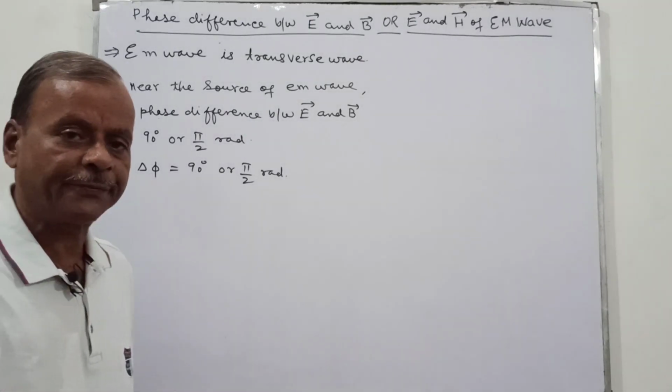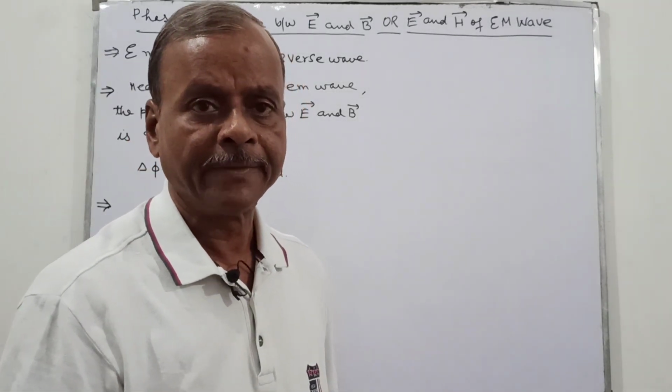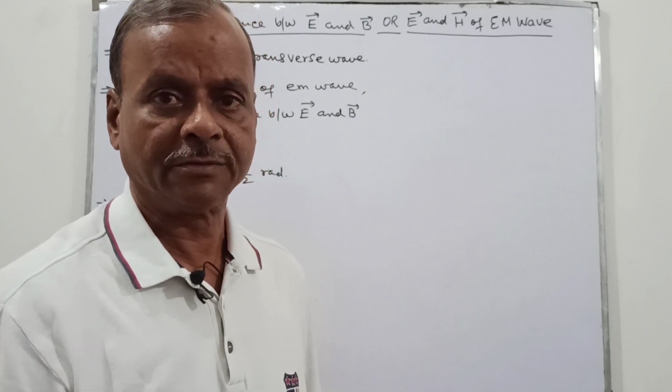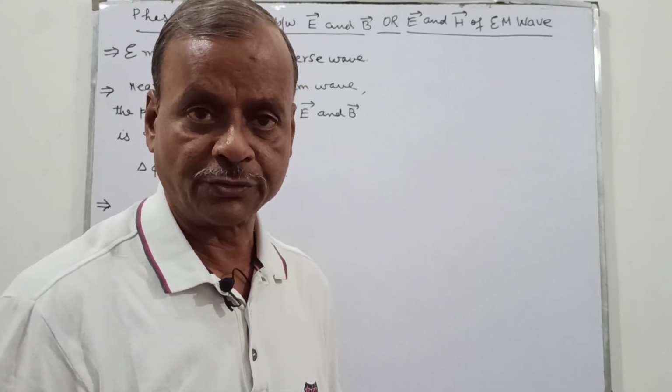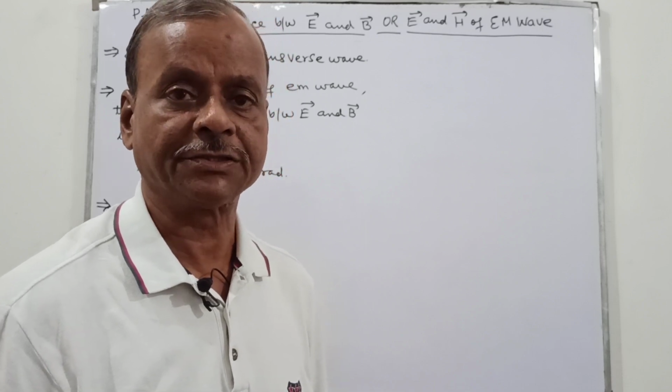The phase difference between the E and B depends upon the distance from the source. So as the wave goes away from the source, the phase difference decreases.